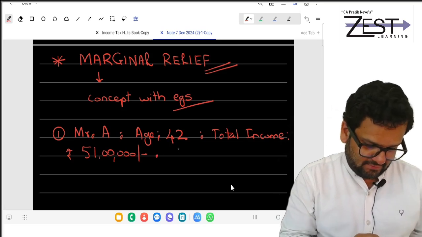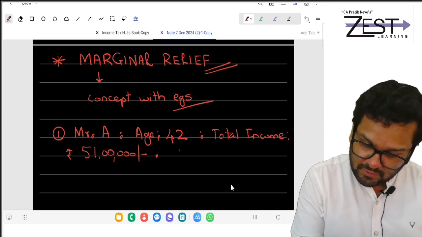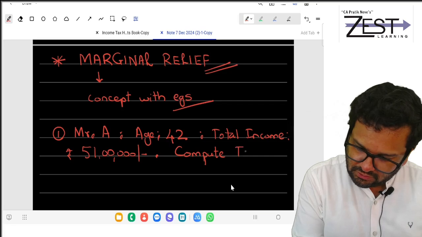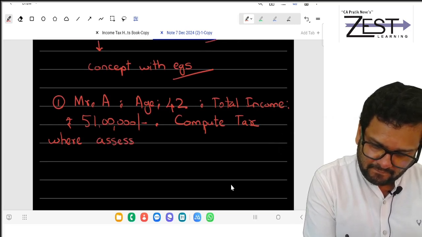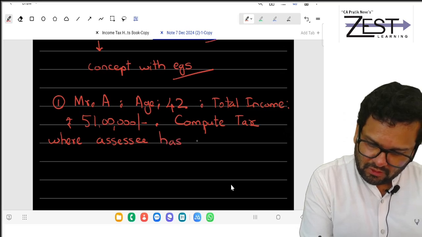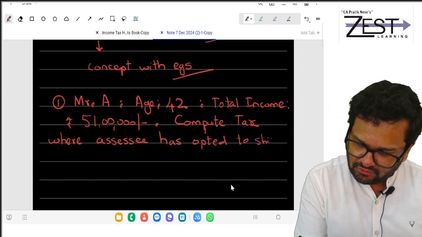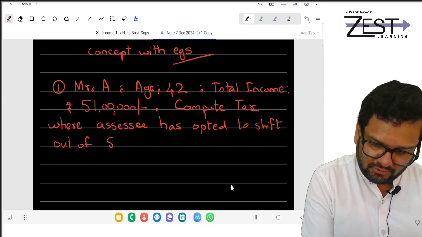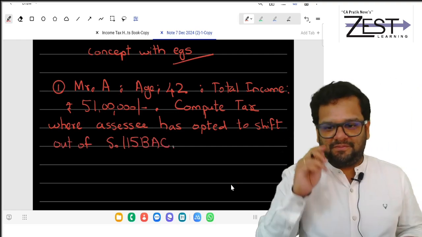Compute tax where the assessee has opted to shift out of section 115BAC.